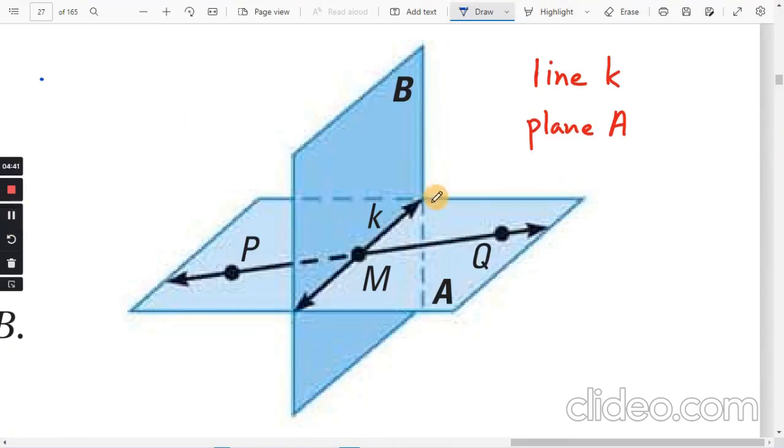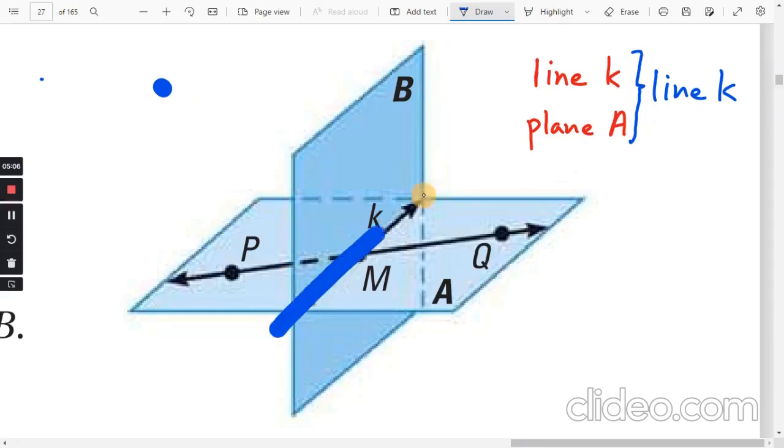All right, we can see that line K is actually on plane A. So the place where they meet is not a point. Since line K is actually on plane A, that line is the intersection. Okay, so line K and plane A, they actually meet right here. So the entire line K is the answer.